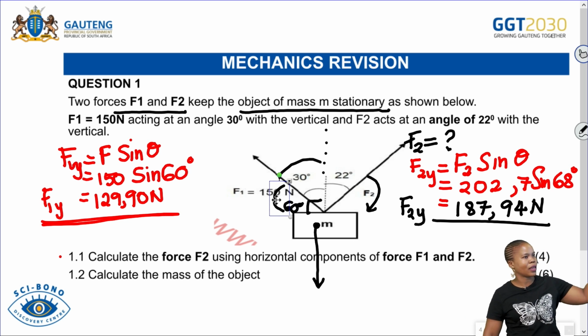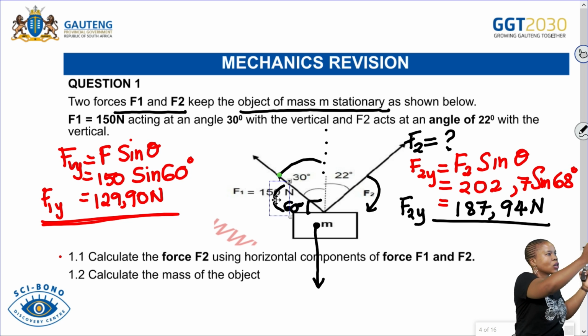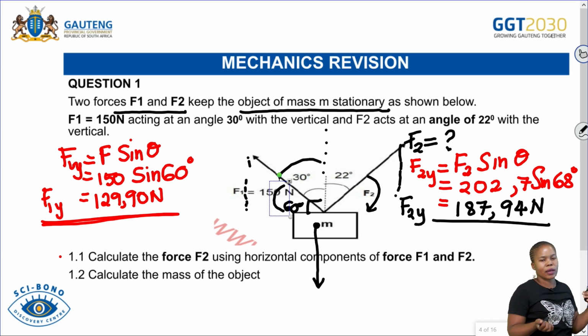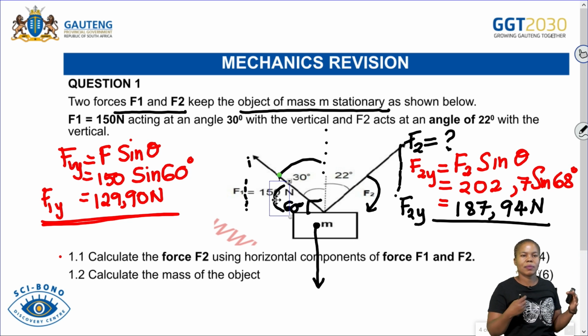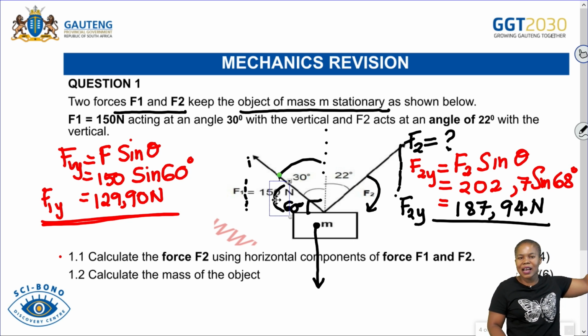Hence, we did this over here so that it is visible why we are doing it. So this will be your F1y and this will be your F2y. Writing it dotted so that you remember it is a component of the main force. We use sine when we want to find the vertical component.